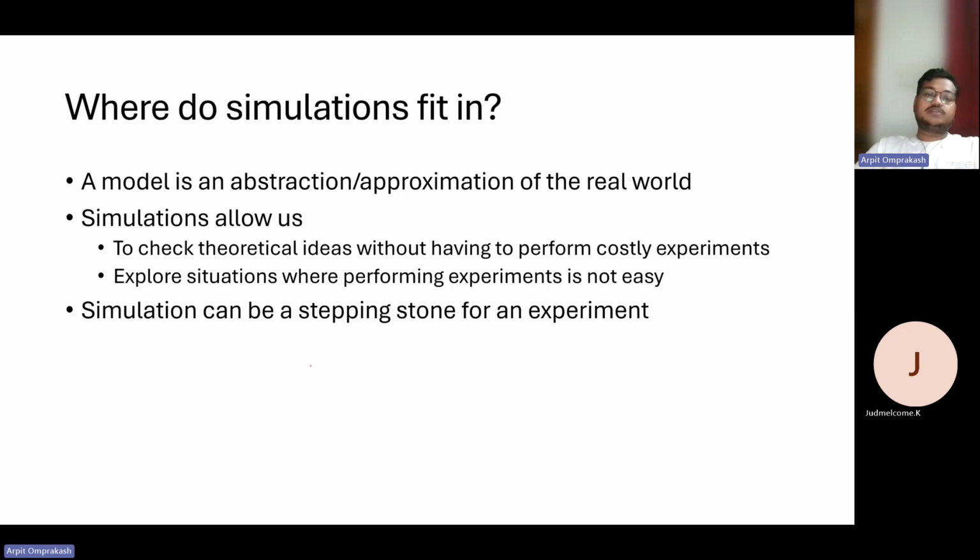If that happens, we can move on to doing the experiments. So a simulation can be a stepping stone for an experiment.